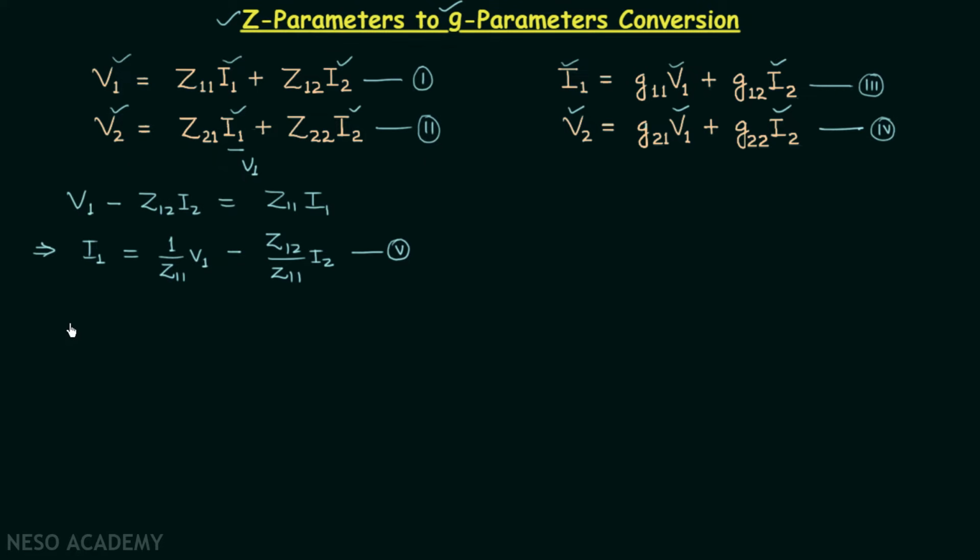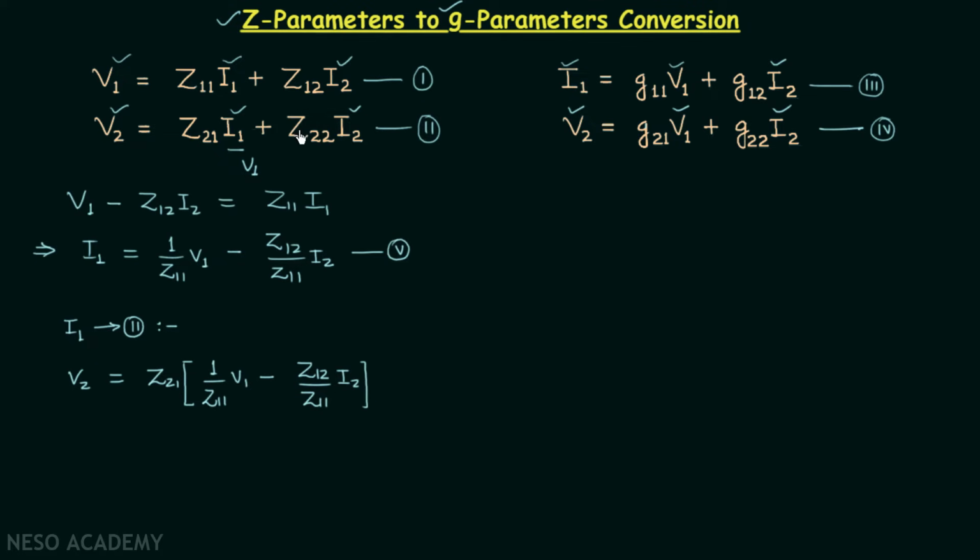So let us put I1 from equation number 5 in the second equation, and this will give us voltage V2 equal to parameter Z21 multiplied by 1 over Z11 V1 minus parameter Z12 divided by Z11 multiplied by current I2.